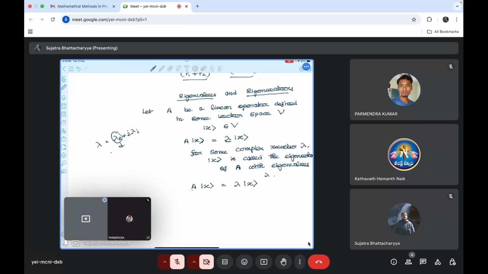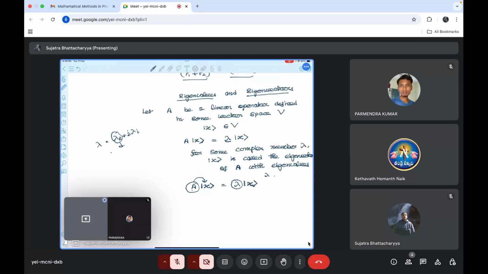This A is some kind of a linear operator, suppose, which is operating on some vector, let's say x, and that will give you that vector itself times some scalar quantity. This can be a complex number, generalizing, it can be real also. It can be real, it can be purely imaginary, or it can be a complex number.